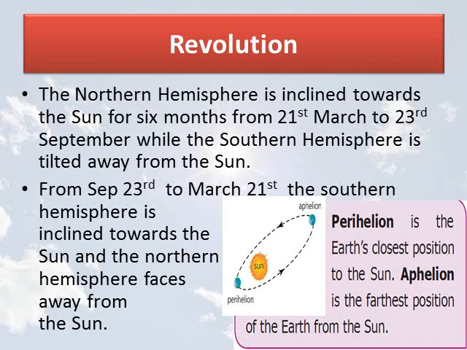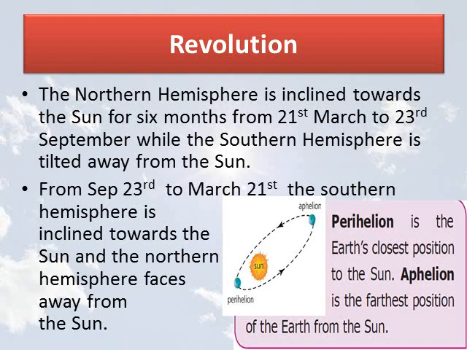Now, let us learn about two terms, perihelion and aphelion. P-E-R-I-H-E-L-I-O-N, perihelion, and A-P-H-E-L-I-O-N, aphelion. Dear children, perihelion is a point in the orbit that is nearest to the sun. If it is farther away from the sun, we call it aphelion.